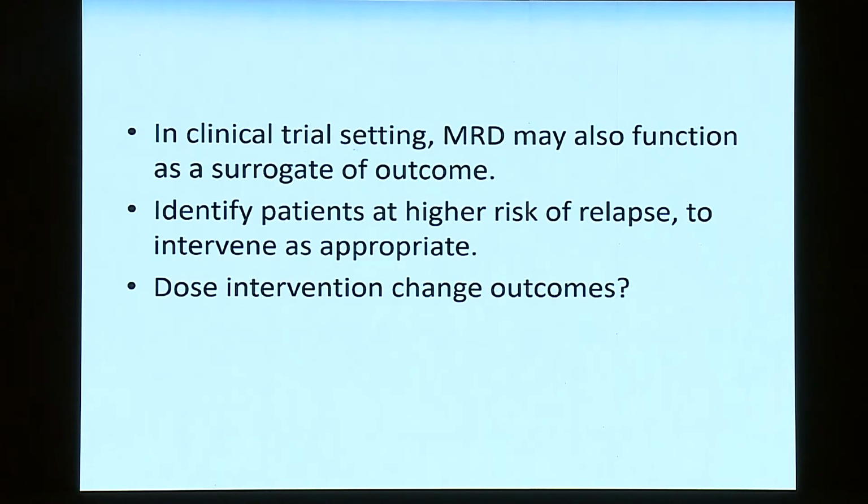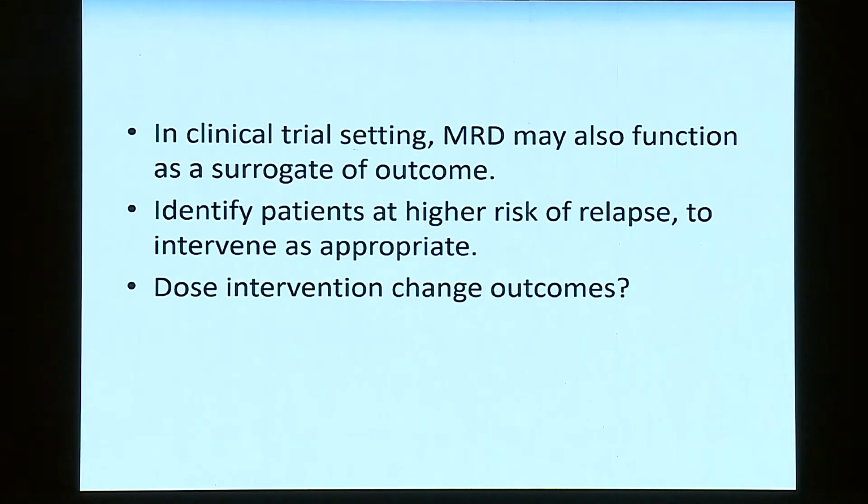In clinical trials, MRD can be a surrogate marker for the outcome. If we have a clinical trial where the endpoint is clinical outcome, that trial can last for years. But if we use MRD as a surrogate marker, we can see how fast patients develop MRD negativity.